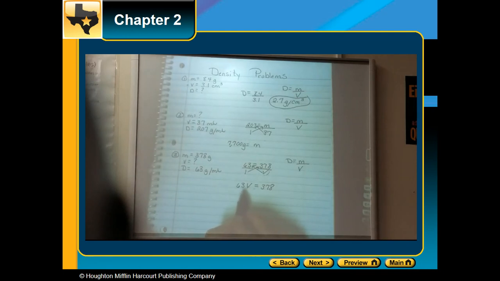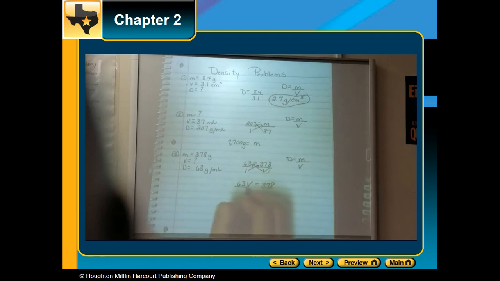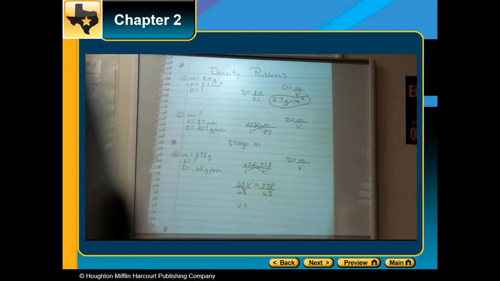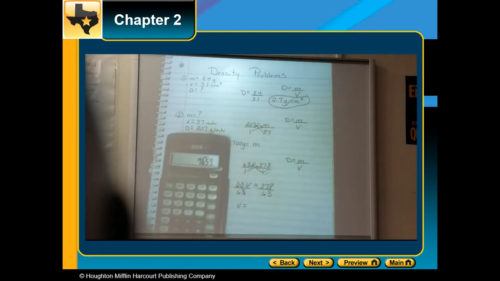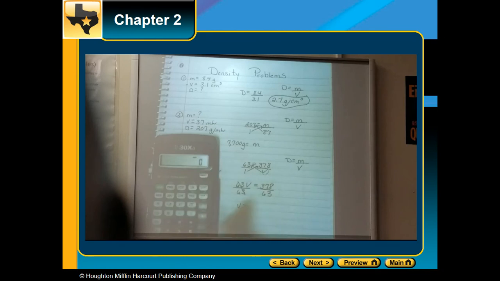So when you do the opposite, they're being multiplied, so I'm going to divide by 63. Divide by 63. Okay? And then I'm left with V equals, here's my math, all right? So put that in your calculator. 378 divided by 63 is 6.